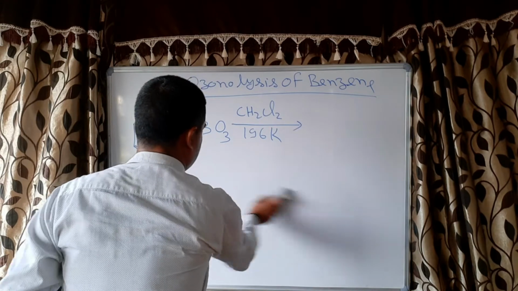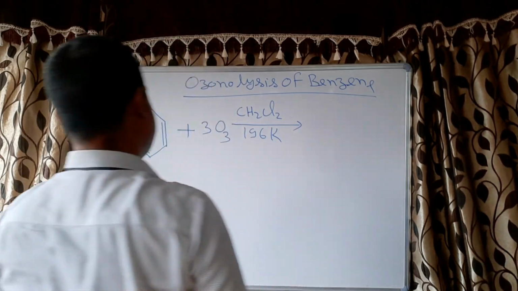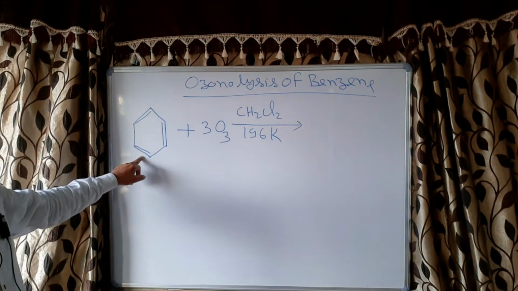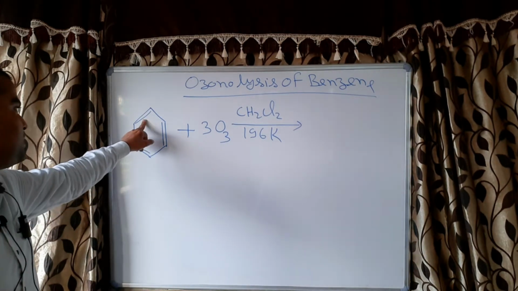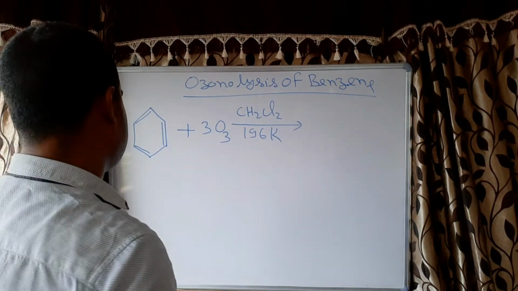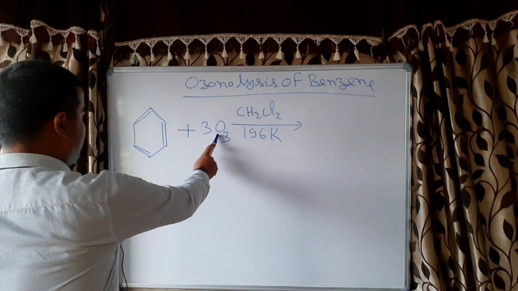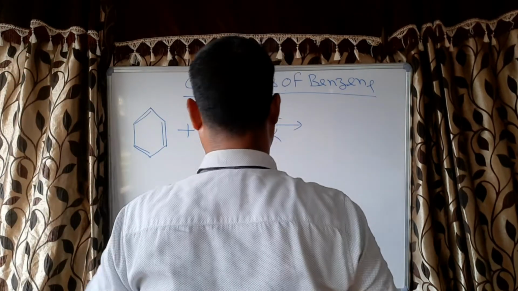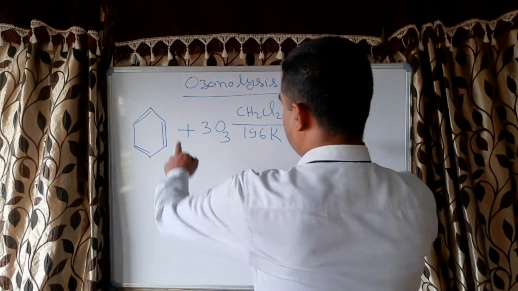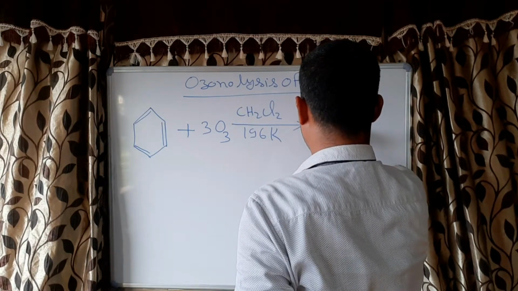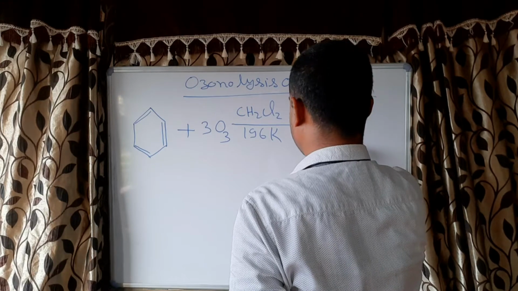So when we react it with ozone, it will break the multiple bond. As I told you, since there are 3 multiple bonds, we have used 3 molecules of ozone, and each ozone molecule will break one multiple bond. See, this double bond will be broken, so it will be like this, correct?